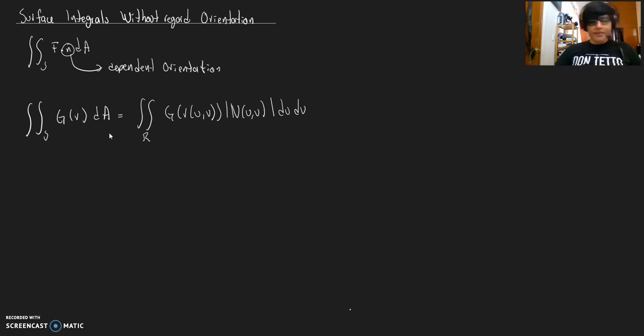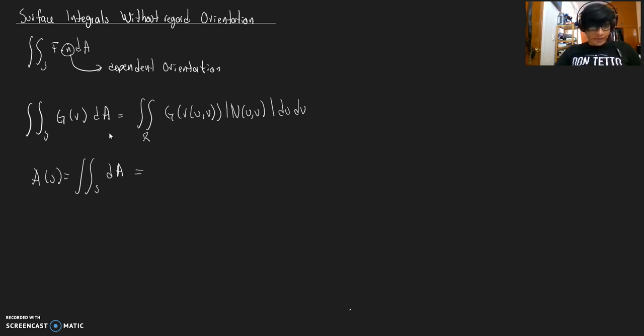And another important application of this kind of integral is that we can get the area of a surface, given that this g is now considered the density, for instance, of a surface. We get that the area of this surface is given by the double integral over the surface of the differential of area. So if we integrate this differential of area, we will get the total area of the surface.